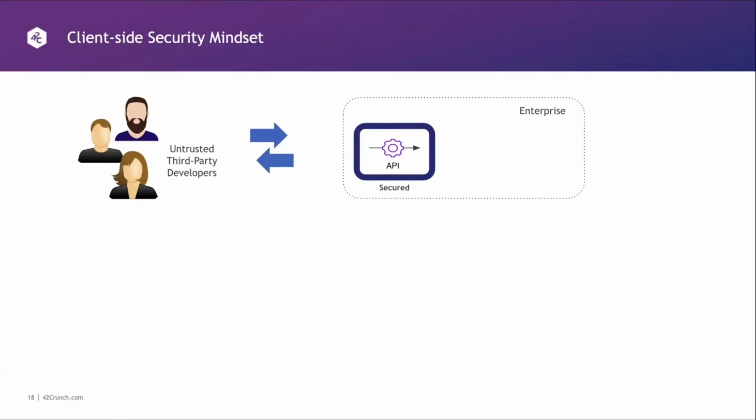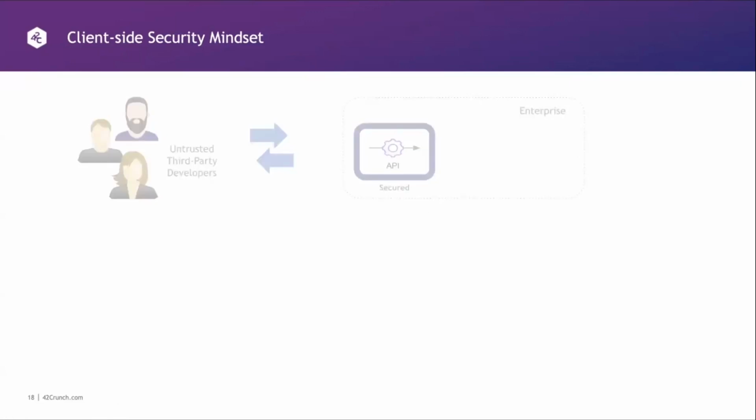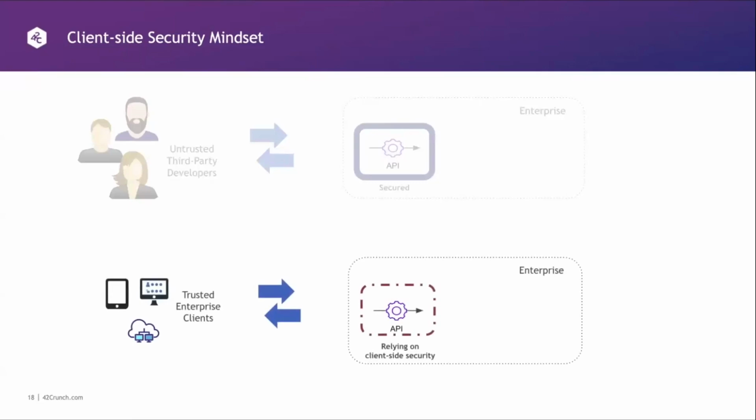But what we noticed looking through some of these cases is, if you're developing your APIs to be used by your own applications, so you have a back-end team building your APIs and a front-end team who build your mobile apps, your websites, your SaaS platforms, who use those APIs, there seems to be a mindset where the API developers say, well, we don't need to do the security because the client side will handle it.